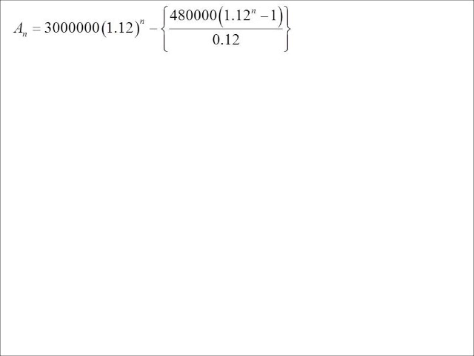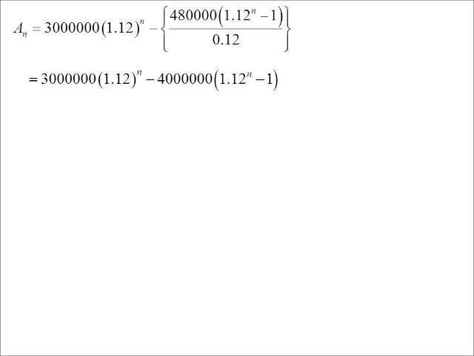Now, not quite what they want, because they have grouped, you'll notice, the 1.12 to the power of n's together. So I've got to group the 1.12 to the power of n. But nicely, the 0.12 divides into the 480,000 and leaves a nice, neat, round number there, you'll notice, of 4 million.